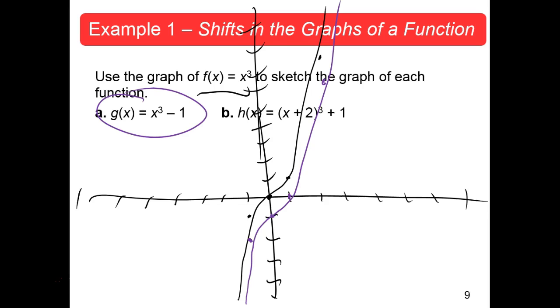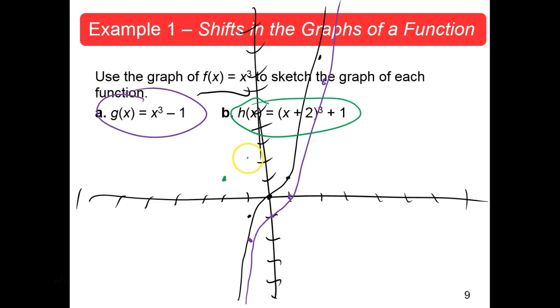So what are we going to do with h? We're going to do it in green. What are we going to do with it? We could start plotting points again, or go back to the parent function, always the parent function. And what would we do? Left 2 and up 1. You got it. That was our origin.